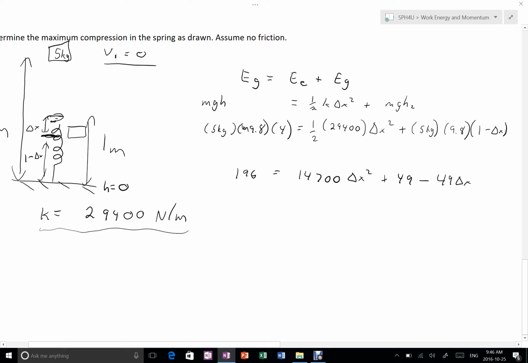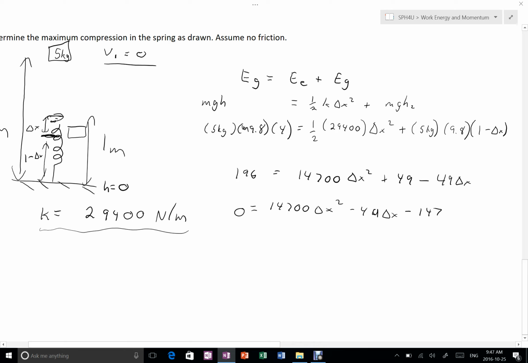I'm going to move everybody over to the left hand side here. 0 is equal to 14700 delta x squared minus 49 delta x, and then 49 minus 196. Try that again. 49 minus 196 should be negative 147.